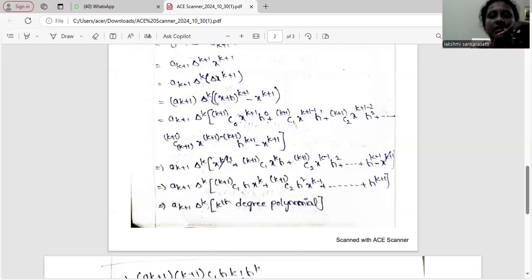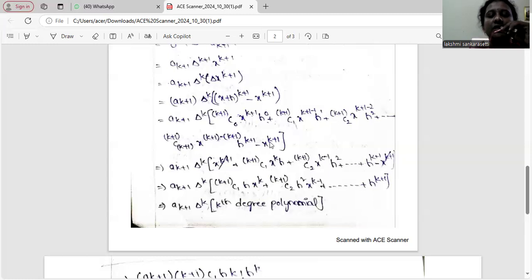That is x power k+1 plus (k+1)C1 x power k h plus (k+1)C2 x power k-1 h square and so on, plus h power k+1, minus x power k+1. Here in the last term nCn is 1, x power n-n is 0, and h power n remains.